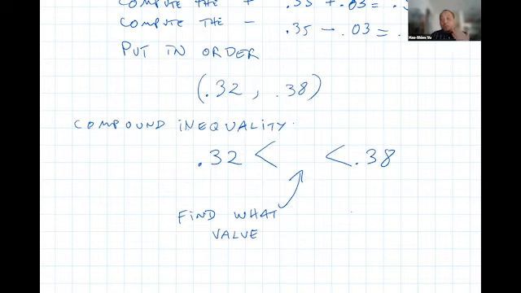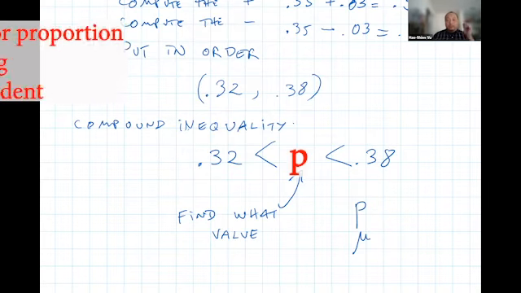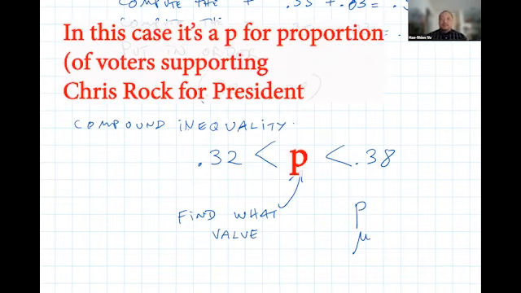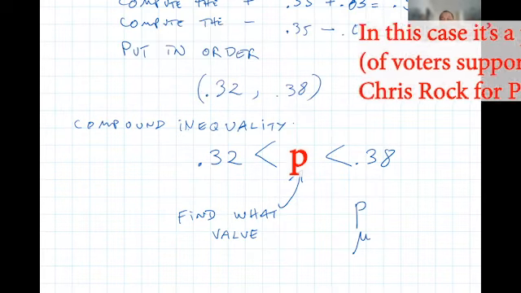It could be a proportion, in which case you put p. It could be a mean, in which case you put mu for population mean. It could be other things, right? Whatever the question is talking about, that's the symbol you put in there. So it's one more thing than the interval notation.